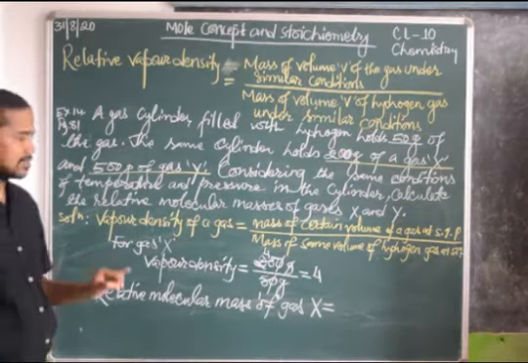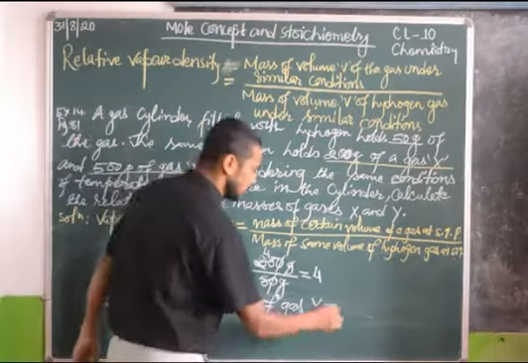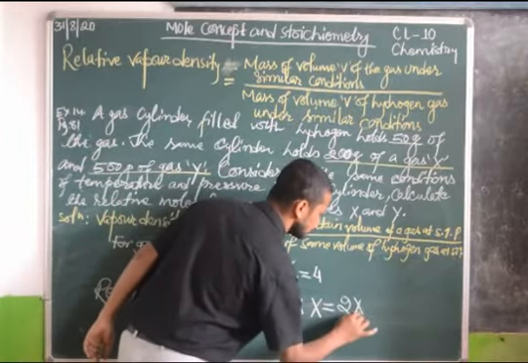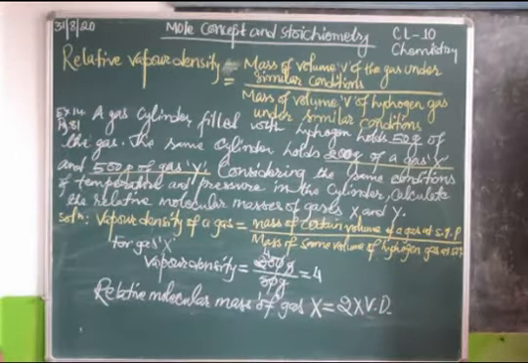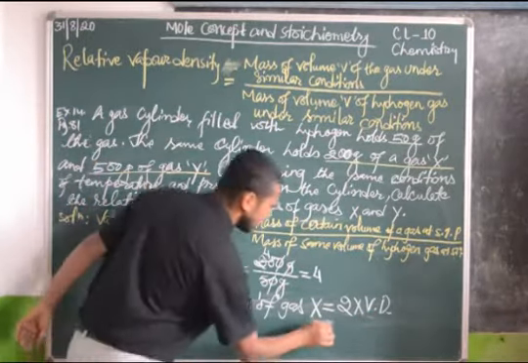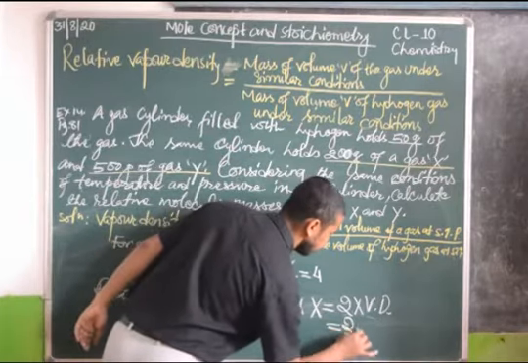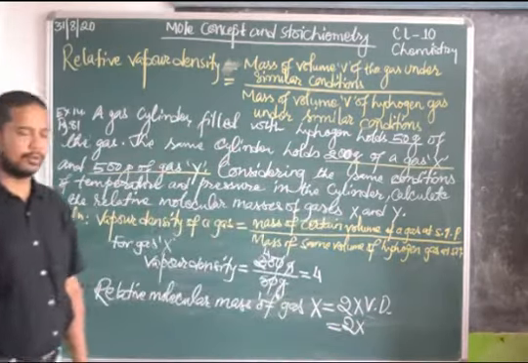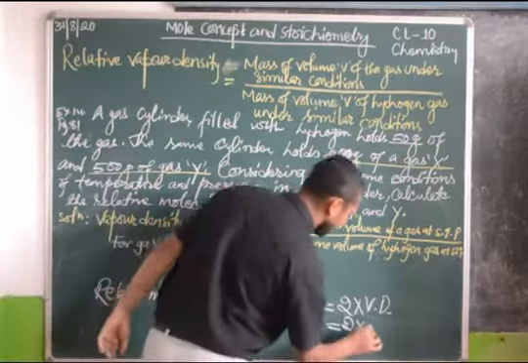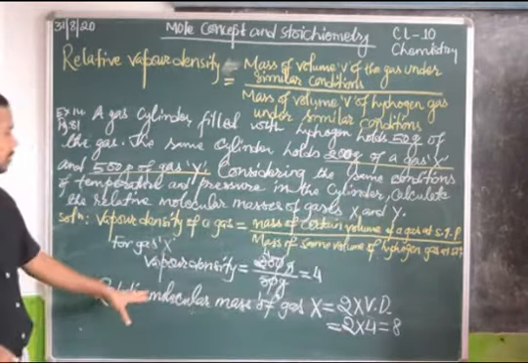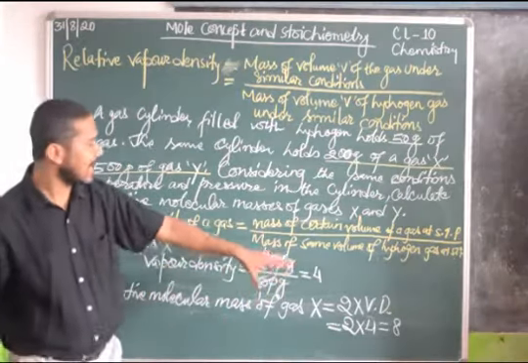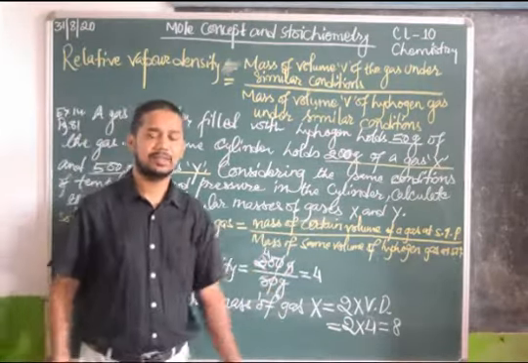Relative molecular mass of a gas is equal to 2 into vapor density. So it is equal to 2 into, what is the vapor density? 4. So 2 into 4 makes 8. So the relative molecular mass of gas X is 8.